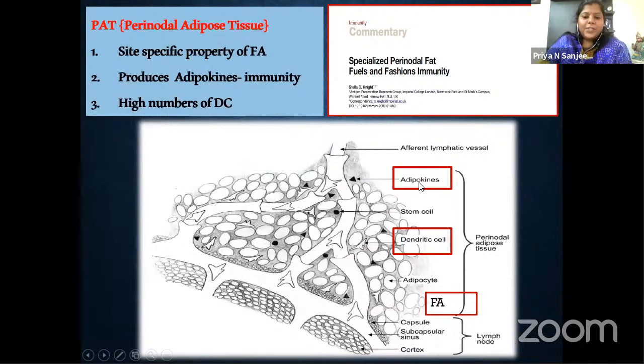So they help in the migration of the dendritic cell into the lymphatic vessel. And compared to adipose tissue elsewhere in the body, perinodal adipose tissue has a high number of dendritic cells.